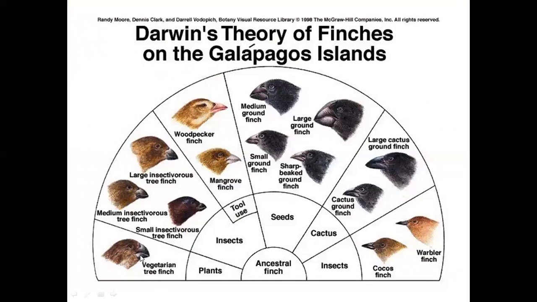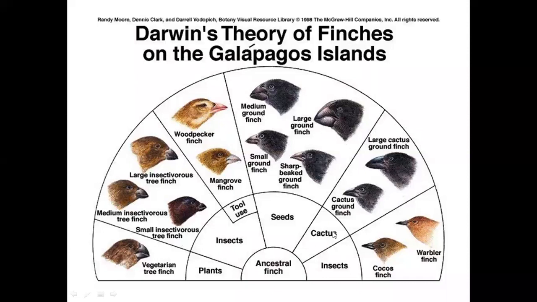Vegetarian tree finch, see the big, medium insectivorous tree finch, small insectivorous, meaning insect eating, finch, large insect eating finch, woodpecker, mangrove finch. Mangrove is a type of plant. So small ground finch, medium ground finch, large ground finch.